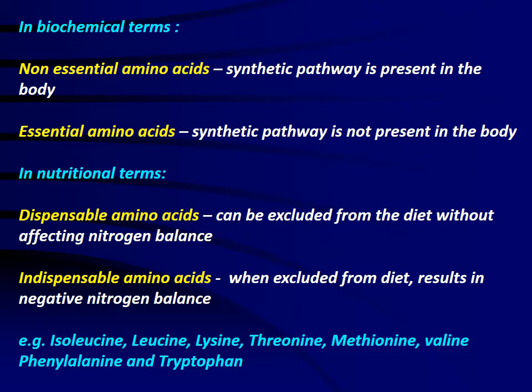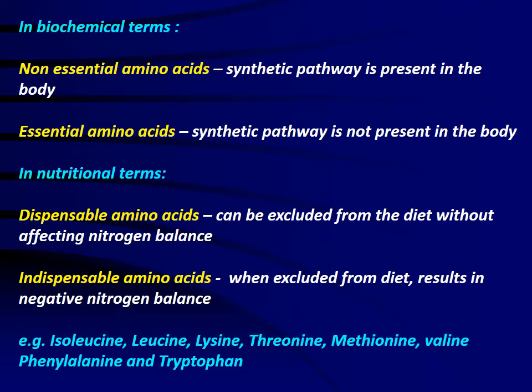In biochemical terms, non-essential amino acids have synthetic pathways in the body. For essential amino acids, there is no synthetic pathway present in the body. In nutritional terms, dispensable amino acids can be excluded from the diet without affecting nitrogen balance.